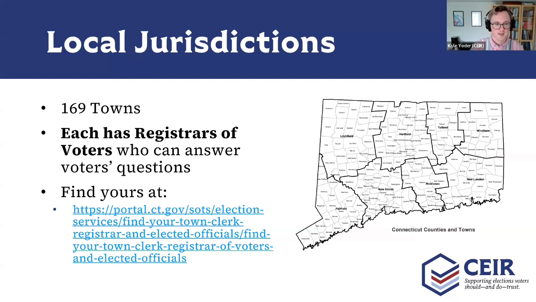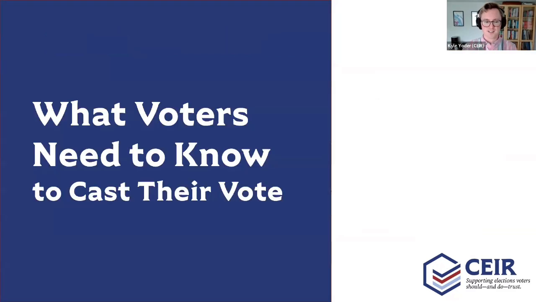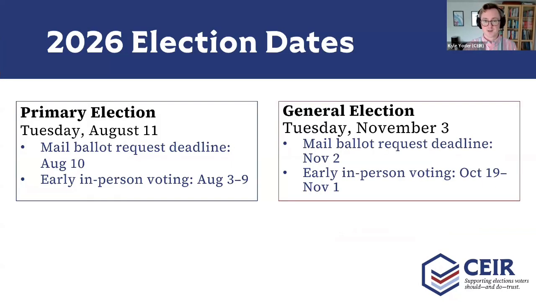Moving right along, let's talk about what voters need to know in order to cast their vote in whichever town or municipality that they find themselves. So 2026, our major election dates here, we've got the primary election coming up in August, on August 11th. The deadline to request a mail ballot is August 10th, so up until that Monday before, we don't necessarily recommend that you request a ballot be sent to you in the mail the day before the election.